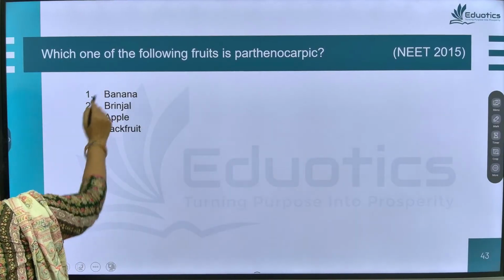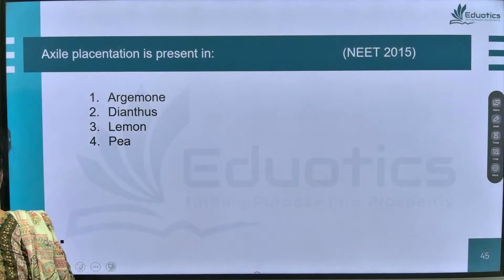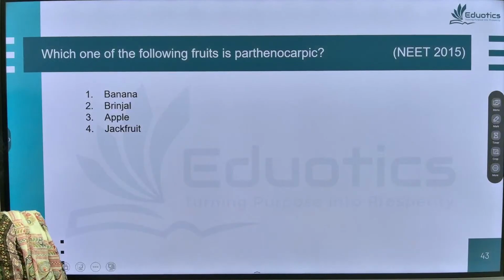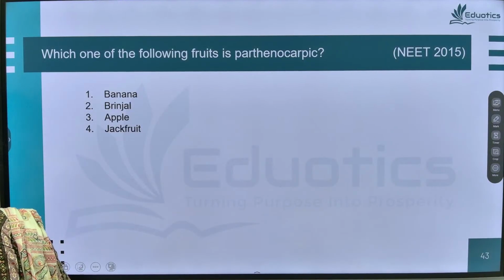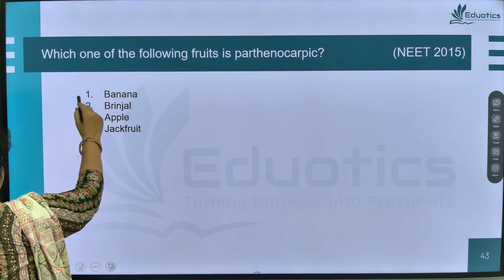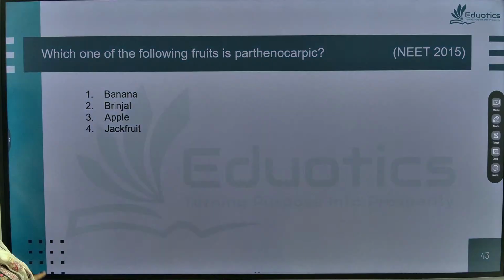It is banana. Parthenocarpic fruits are those which develop without fertilization, in which no seed forms but the fruit develops. Those fruits are known as parthenocarpic fruits, and the example is banana.